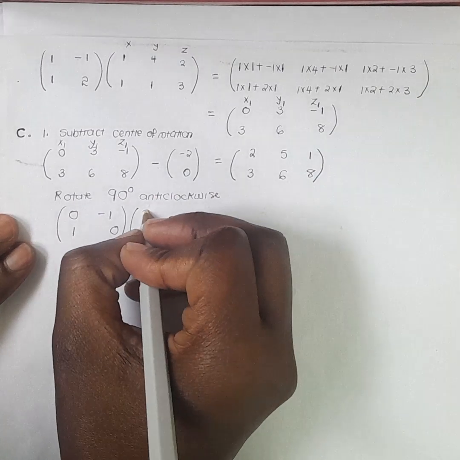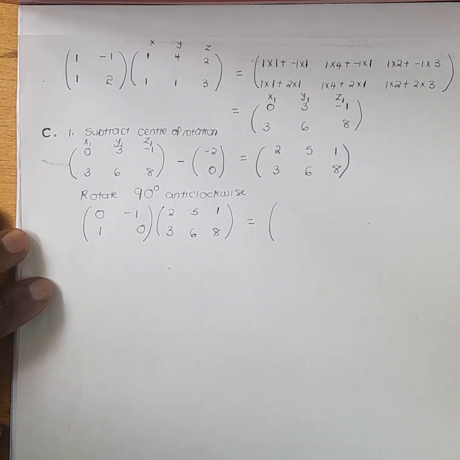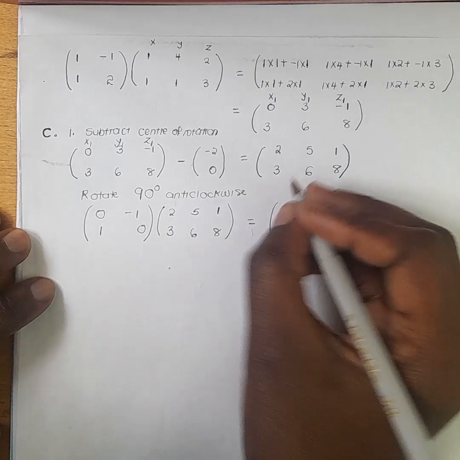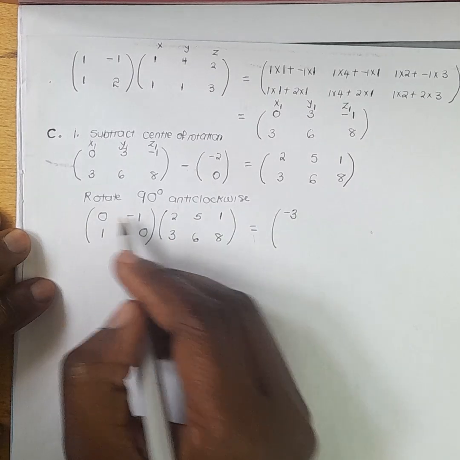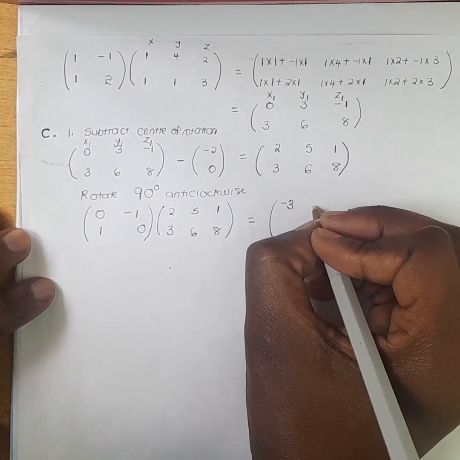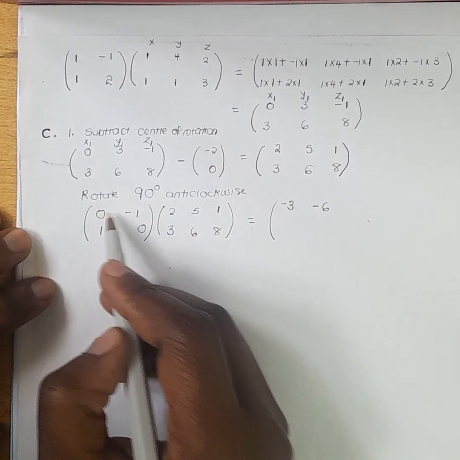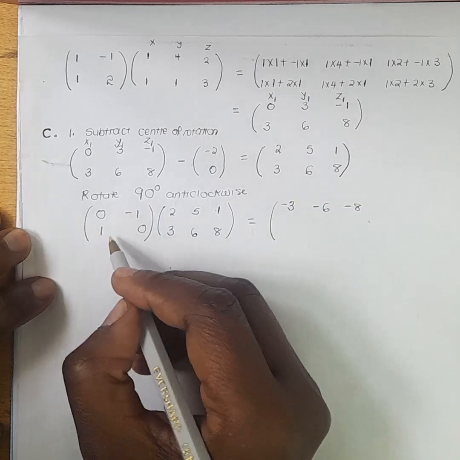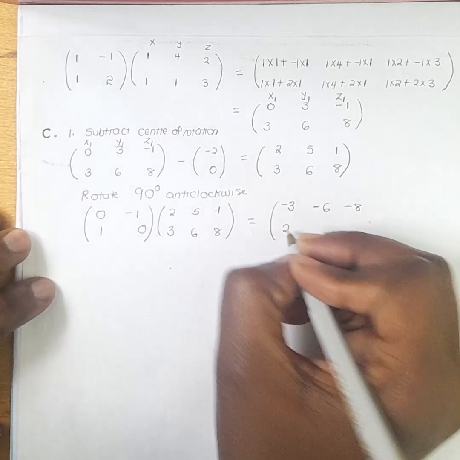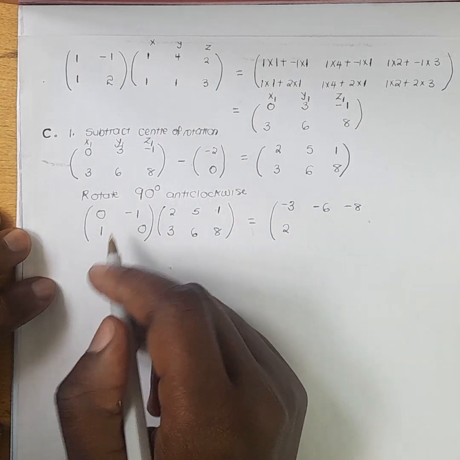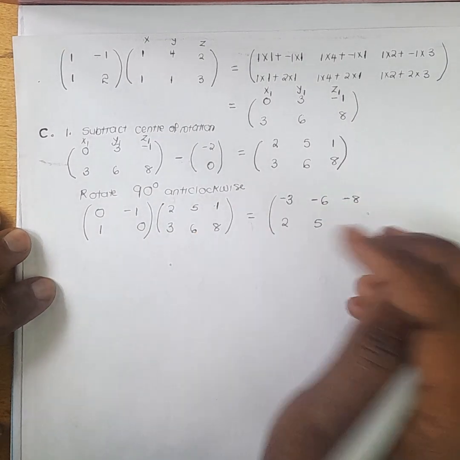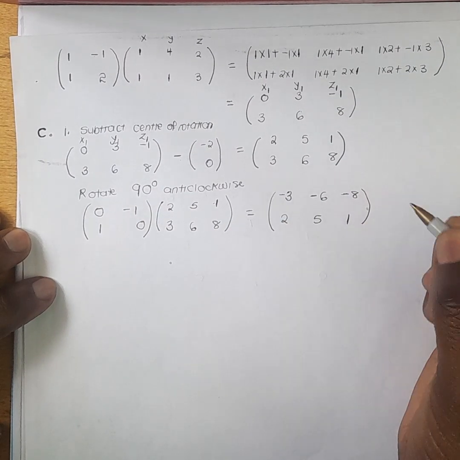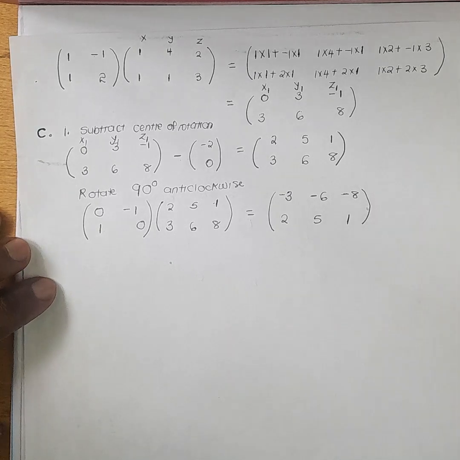So 0 times 2 is 0, minus 1 times 3 gives minus 3. 0 times 5 is 0, minus 1 times 6 gives minus 6. 0 times 1 is 0, minus 1 times 8 gives minus 8. 1 times 2 is 2. 0 times 3 is 0. 1 times 5 is 5. 0 times 6 is 0. 1 times 1 is 1. 0 times 8 is 0.